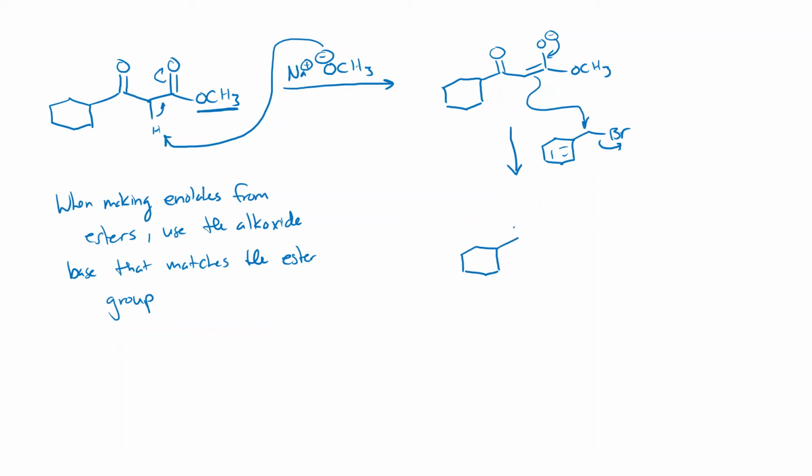So again, we always want to make sure we count our carbons and make sure we got everything accurate for our carbons there. And notice that this enolate reacts the same way that all the enolates that we've used so far react. That alpha position is the nucleophile. We add that alpha position to whatever we're adding in, right?